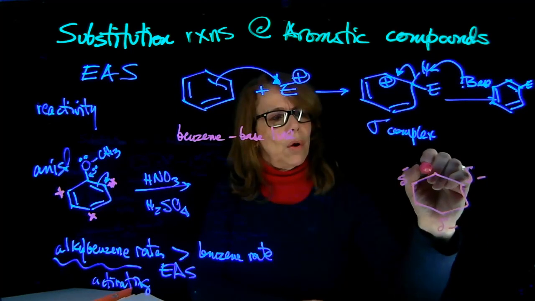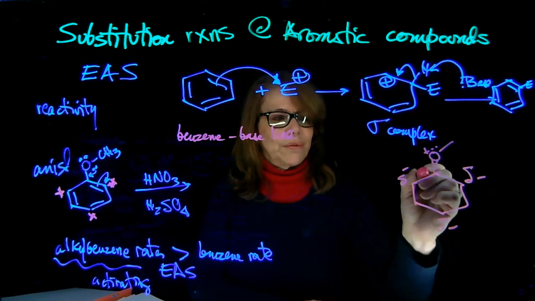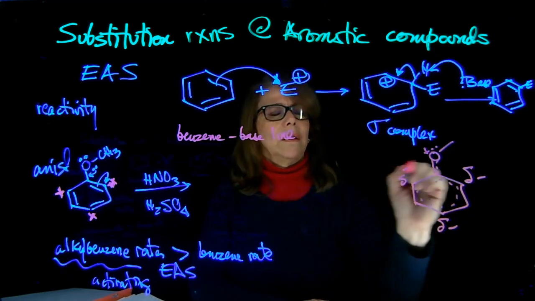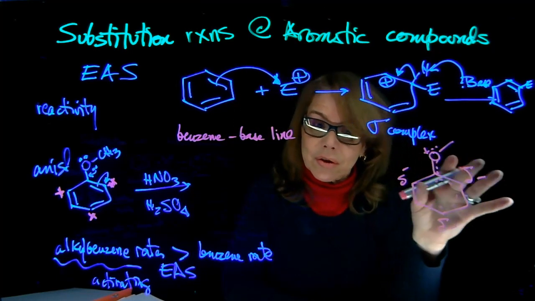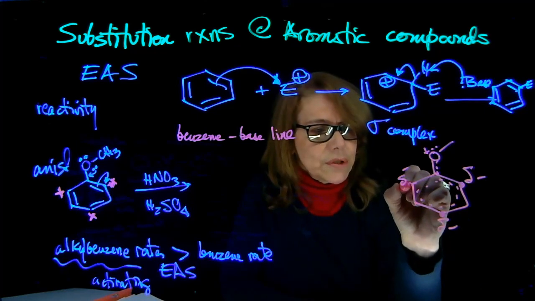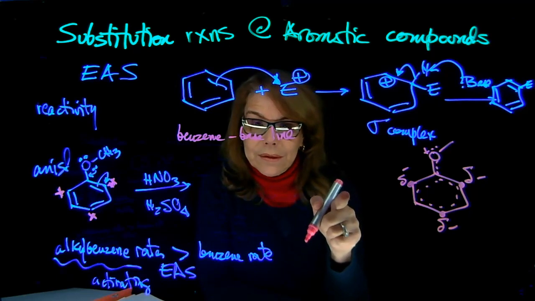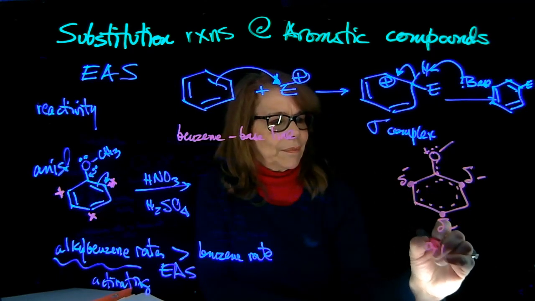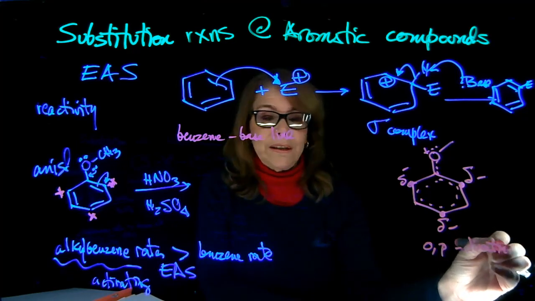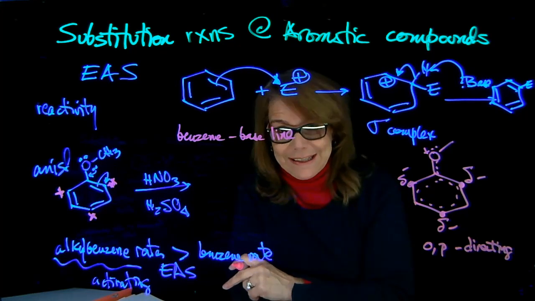And let's do positive here, because we did that. So we have the charges dispersed, but the places where there is the most negative charge are here. So activating groups are ortho-para directors, because essentially they direct to those positions because those are richer in electron density.